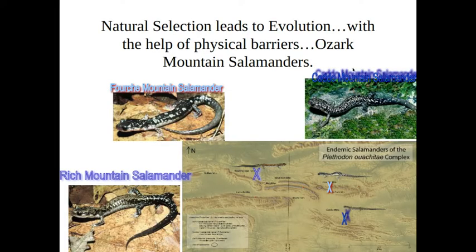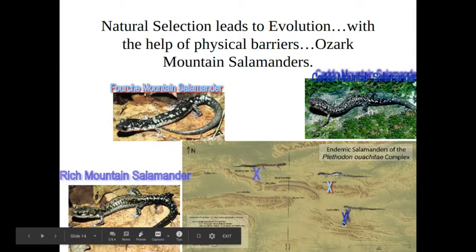Now I wanted to show you how natural selection leads to evolution with the help of physical barriers. These are salamanders found in the Ozark Mountains and the mountain ranges, in specific mountain ranges.